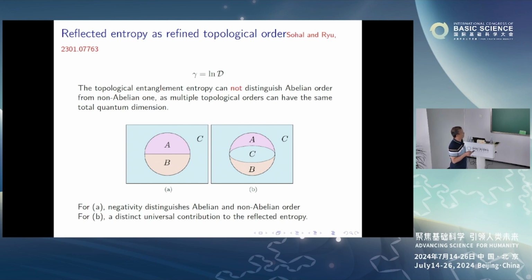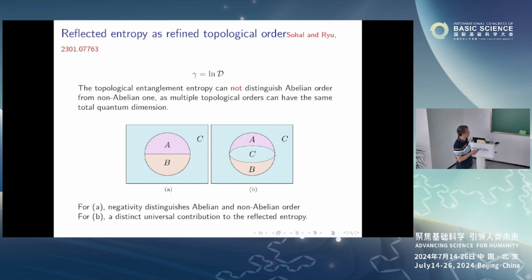a more refined topological invariant. So consider this kind of configuration, A and B. In figure A, notice that the logarithmic negativity distinguishes the abelian and non-abelian. But for figure B, you find that the Markov gap will not vanish, and there is a distinct universal contribution to the reflected entropy.